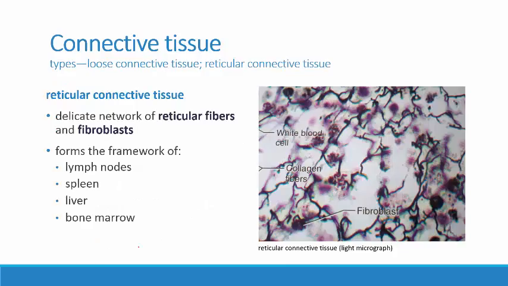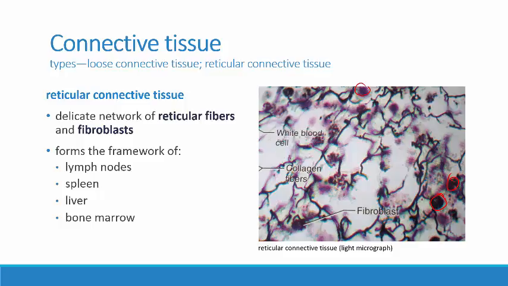A third kind of loose connective tissue is the reticular connective tissue. And as the name suggests, the primary protein fiber in reticular connective tissue are the reticular fibers. And so we see this network of reticular fibers, and then the fibroblasts, and these are the nuclei of the fibroblasts, out hanging around and secreting and tending to and repairing all of the reticular fibers.